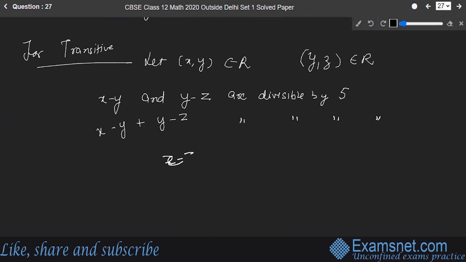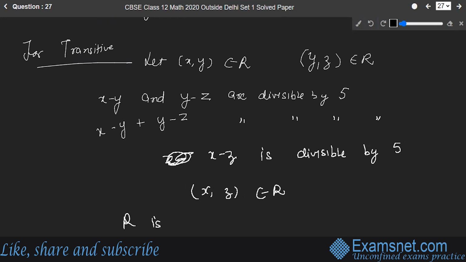Which means X minus Z is also divisible by 5, and (X, Z) belongs to this relation R.